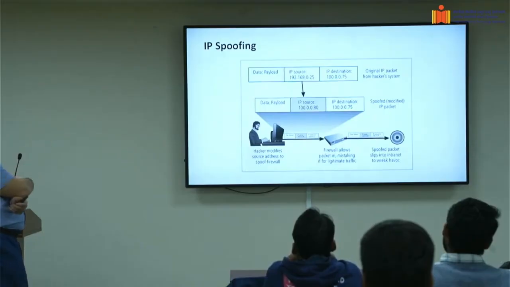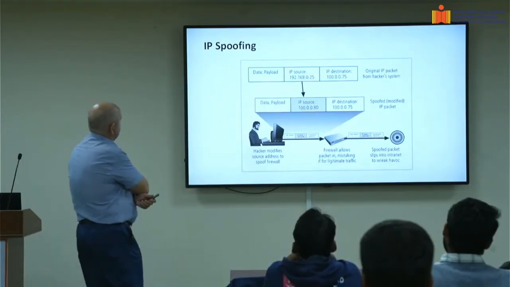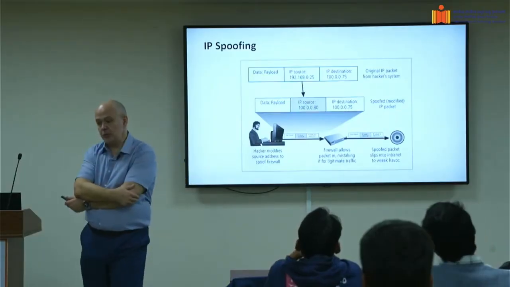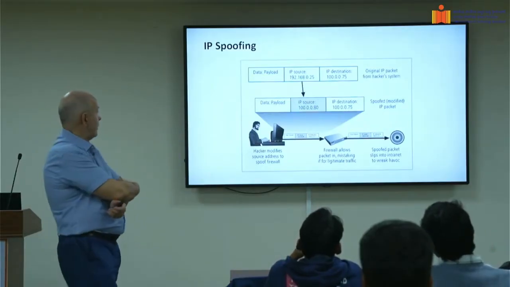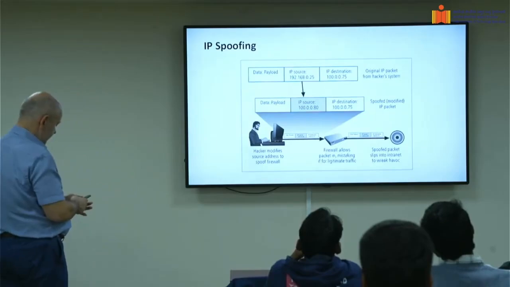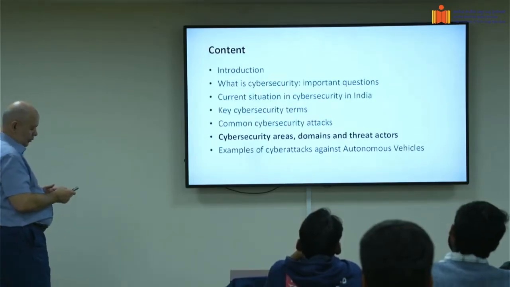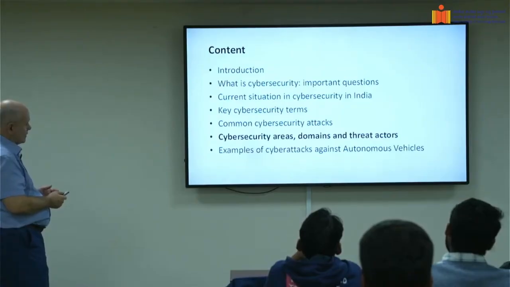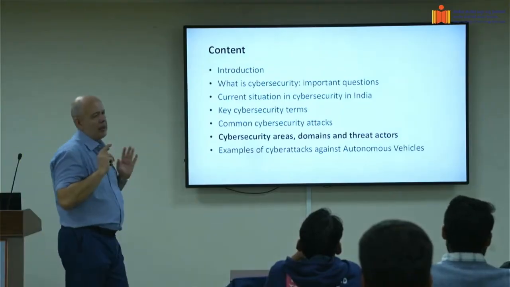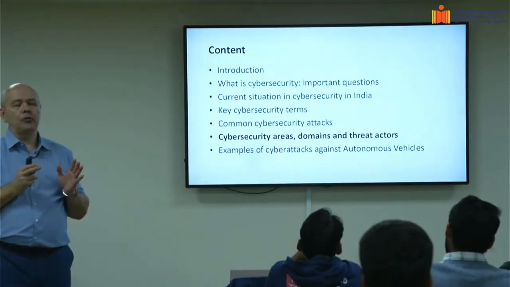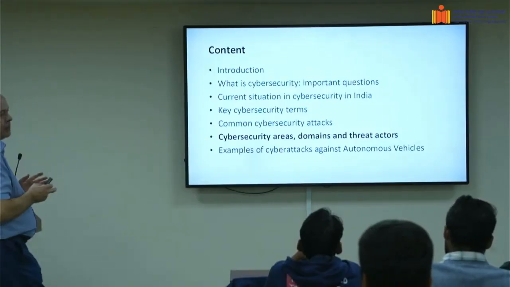In this case, we change the IP address and then use it for the goals of the malfactor. Okay, so these are some kinds of attacks we analyzed. Of course, a lot of other attacks exist, but anyway, you need to know the main principles of attacking.